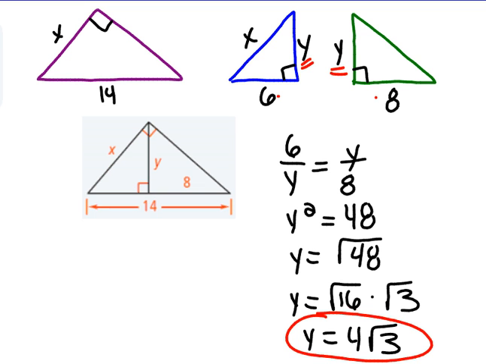And then let's put that answer into our middle-sized triangle, because we'll be using the middle-sized triangle to solve for our variable x. X is here, and x is here.